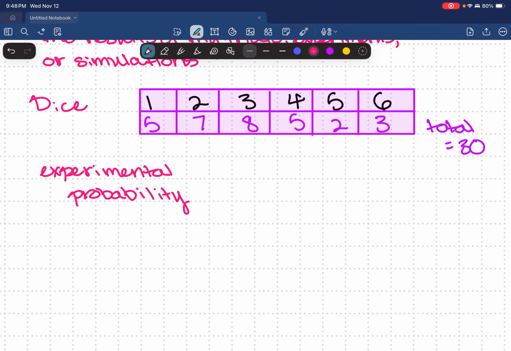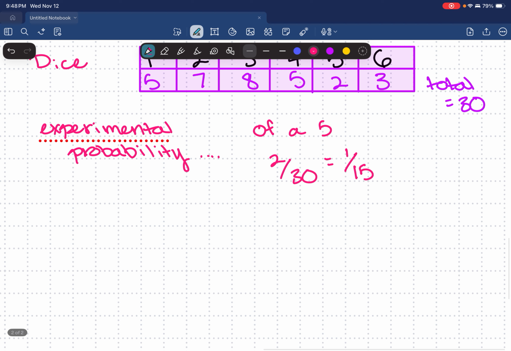So experimental of landing a 5. All right, so I got a 5 how many times? 2 of 30 total, and I can simplify that to 1/15.